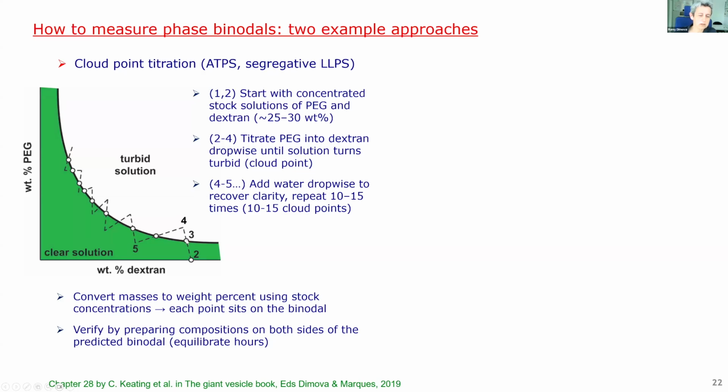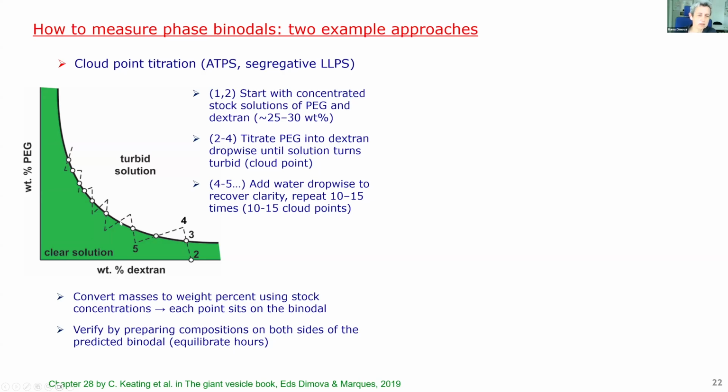So you write down this point, you continue further, and then you start adding water. When you start adding water, you are moving along this line, which actually should meet the 0 of your phase diagram. And from this phase-separated system, you're again going to reach a cloudy solution, which would be again a point from your binodal.